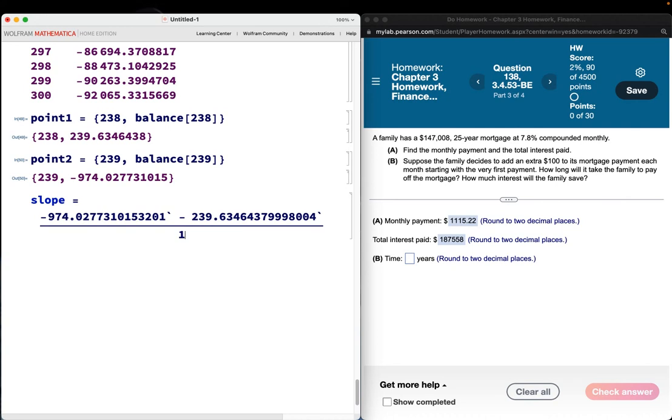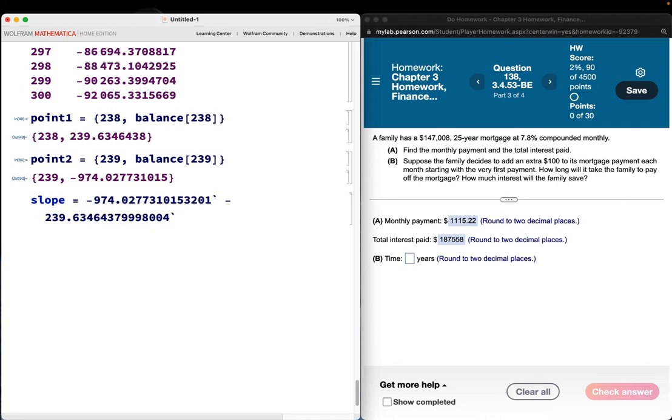And if you divide by 1, nothing really changes. So the slope is negative 1213.66237482.